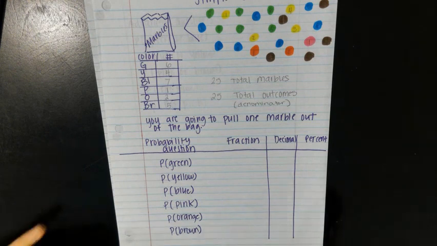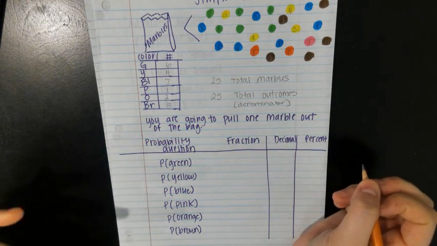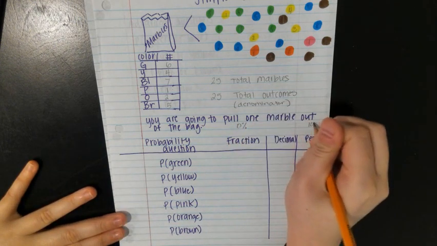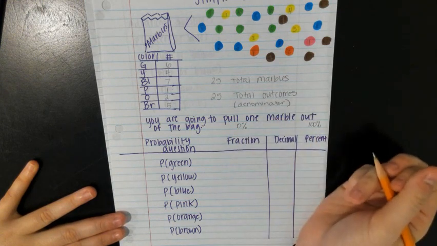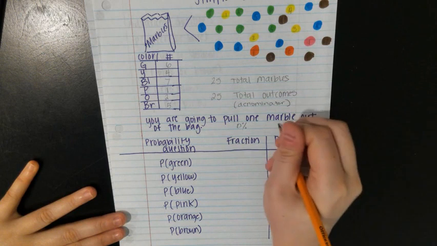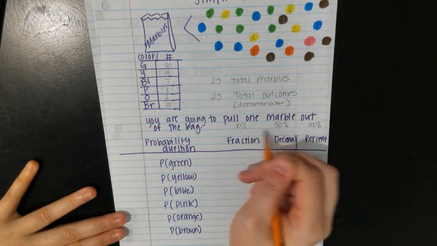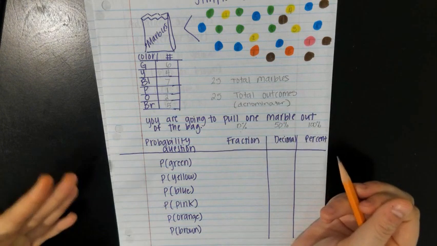So remember back from a couple of videos back, that probability is the likelihood that something will occur. And it falls on a scale of 0% to 100%. 0 meaning it's not likely at all, and 100% meaning it's totally likely. And if you fall in the middle, you're about 50%. So if you fall between 0 and 50%, you're not very likely. If you fall between 50 and 100%, you're more likely to occur.